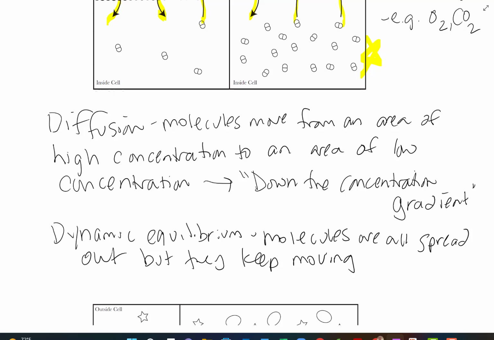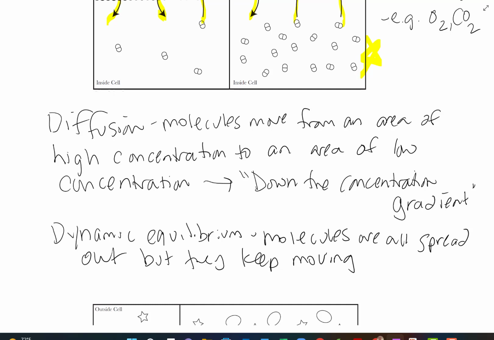So in our example, we were looking at a cell. But diffusion can actually happen without a cell. Like if we were to spray perfume in the middle of the room, all of those molecules that make up the scent for the perfume, they would diffuse throughout the room. It would spread from an area of high concentration in the middle where we sprayed it to the corners of the room where there was a low concentration.